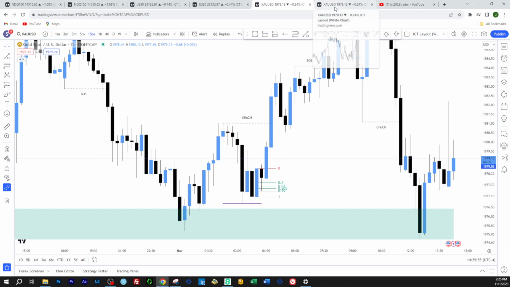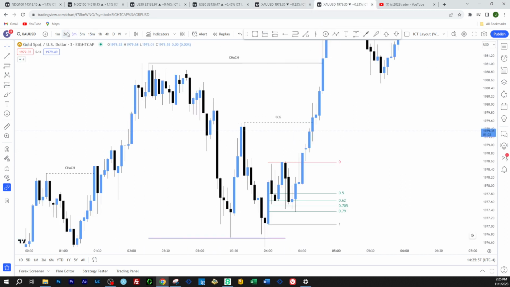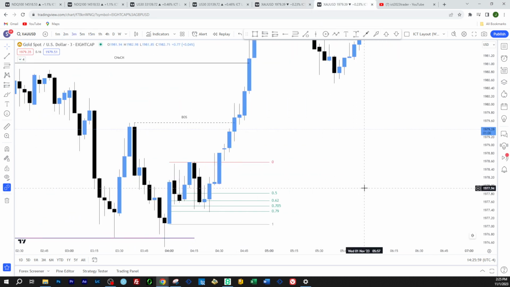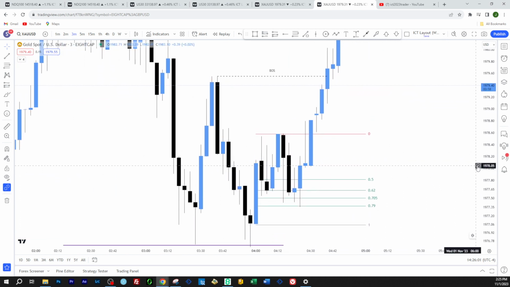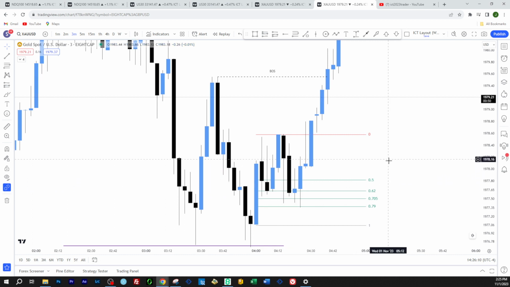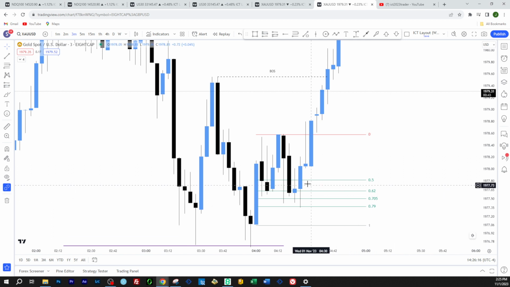I'm on the 3-minute chart here, and my 4:15 candle is actually this guy right here. You can see he comes down and beautifully taps my OTE levels, 62, 61.8 if you put yours that way. My 70 level, and 3 candles later, it tapped the 79.